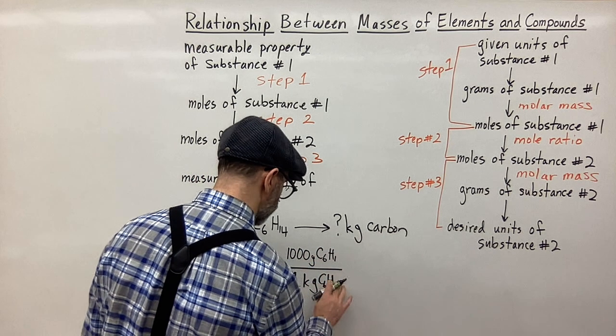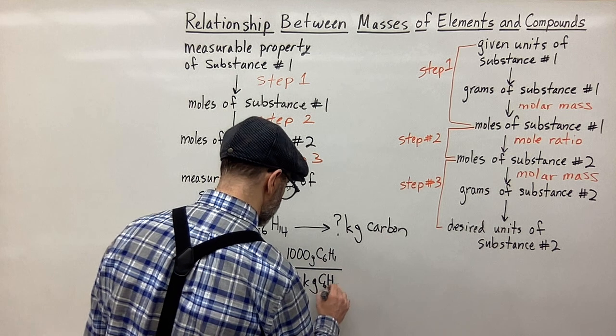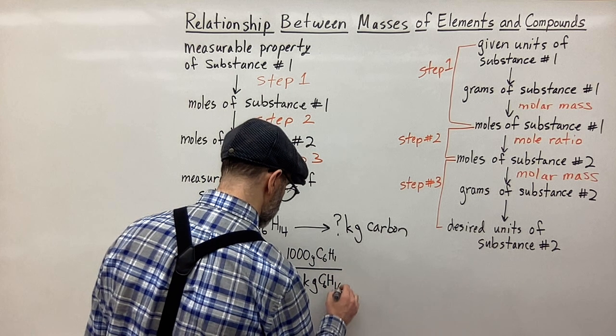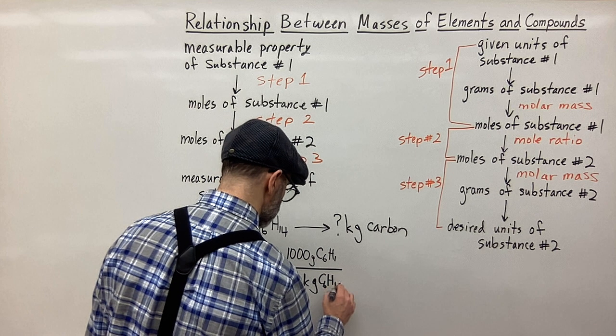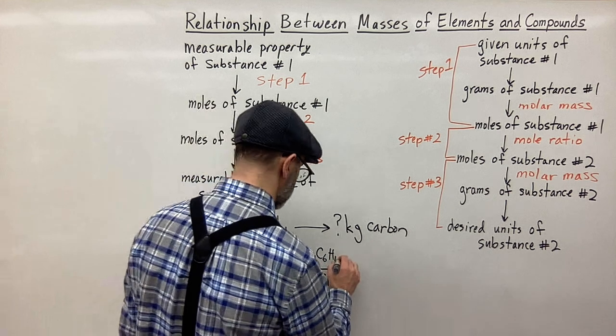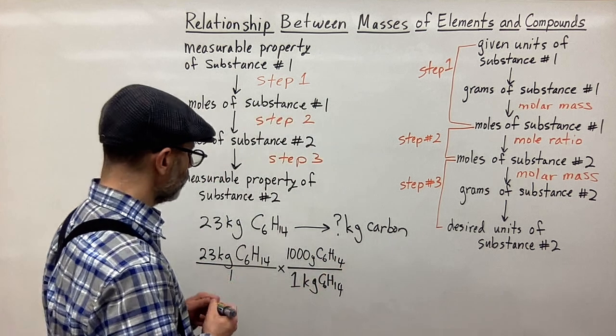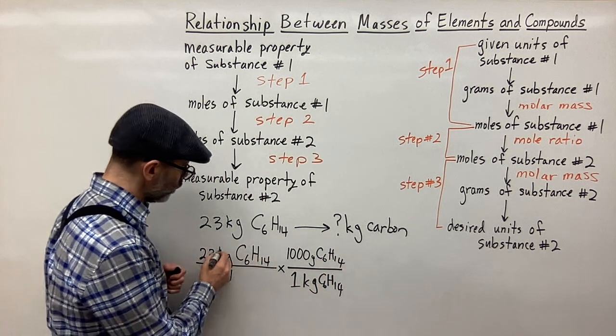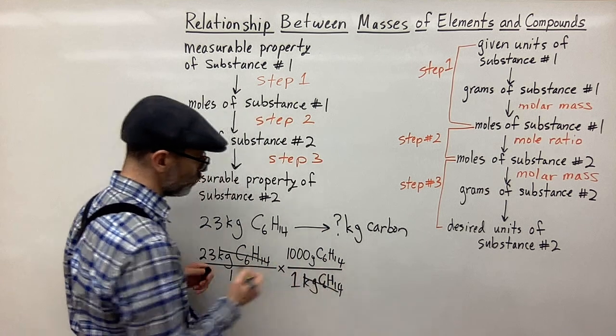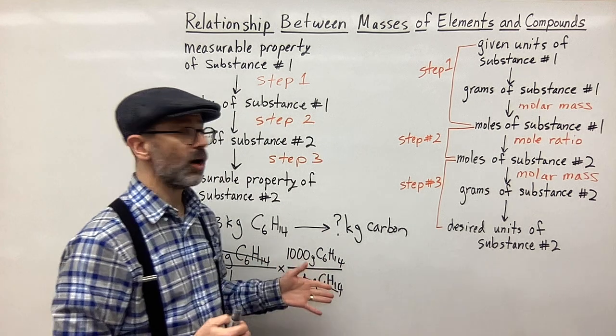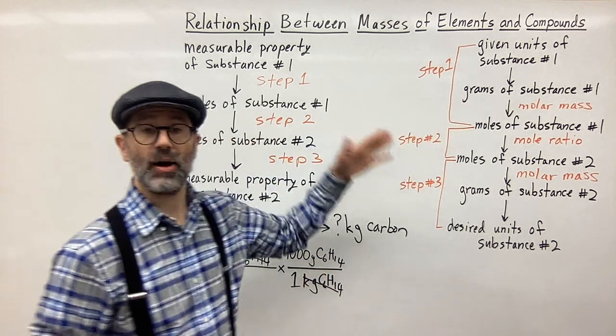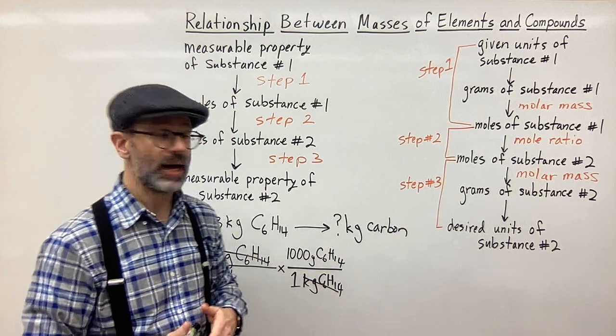Oops, that should be a 14. That was benzene. This is hexane, so there's 14. Now the kilograms of hexane cancel out, and I have grams. Now I can go to moles using the molar mass.